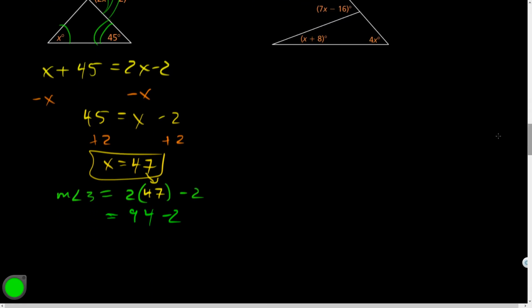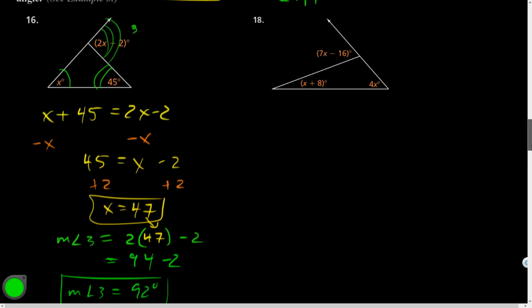Measure of angle 3 equals 92 degrees. Agreed? Disagree? All right, I've got some agrees. So this angle is obtuse. If this angle is obtuse, is the triangle acute? If this angle is obtuse, then this angle must have been less than 90 because it adds to 180 by a linear pair. So this would have been an acute triangle.